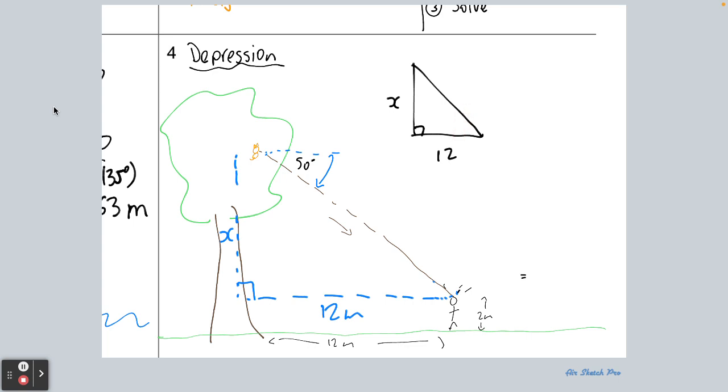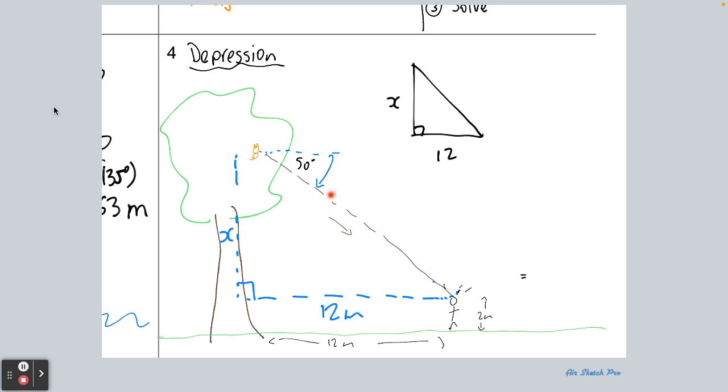Now, generally speaking, the easiest thing to do is to work out this angle here. The reason why is because this line here, which remember is always taken parallel to the horizon, is therefore parallel to this line, which is also parallel to the horizon, or to the ground, sorry, whatever.